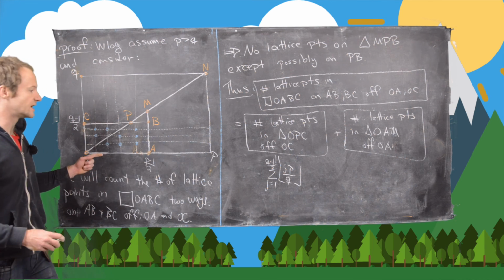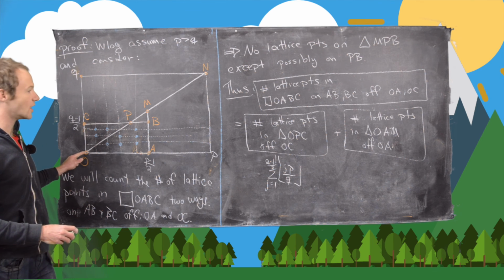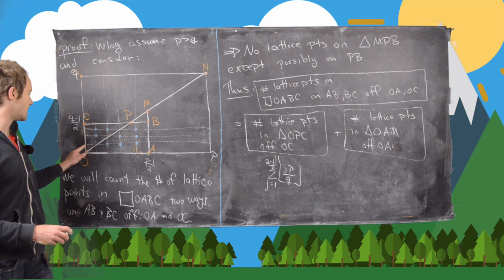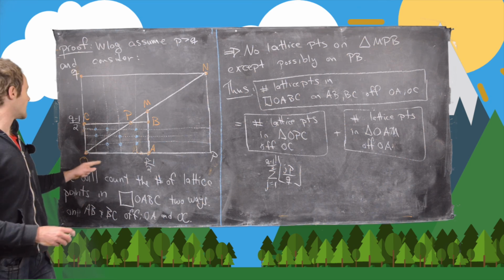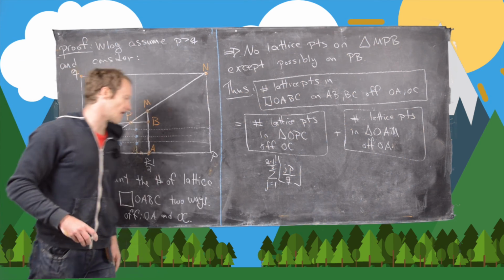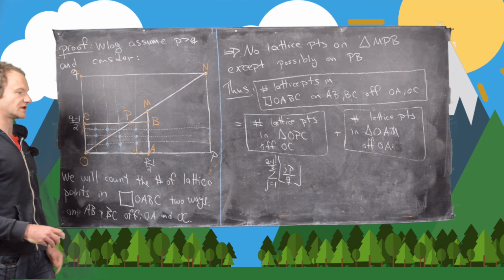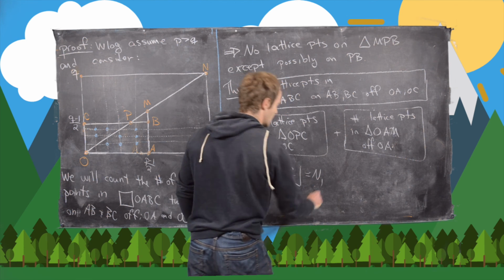Well, we're looking at OPC. So that would be the sum on this first segment plus the sum on the second segment, all the way up to the sum on this top segment. And since we're starting at j equals 1, we do not include this line segment, which is the coordinate axis. Okay, good. And now let's call that thing N1.